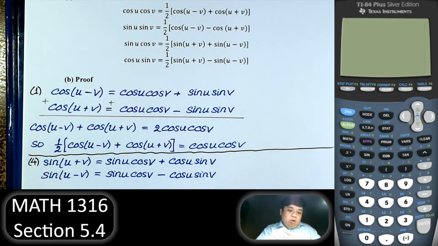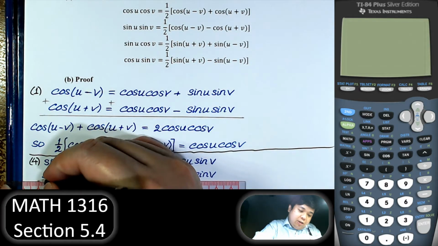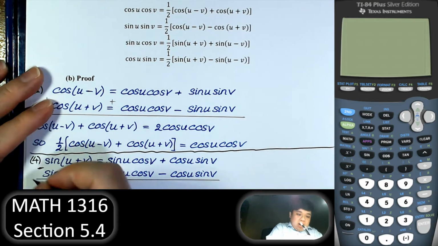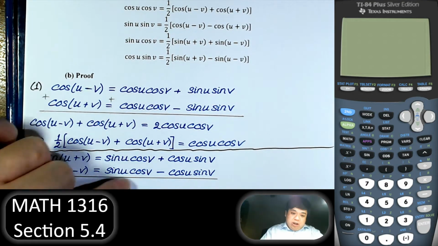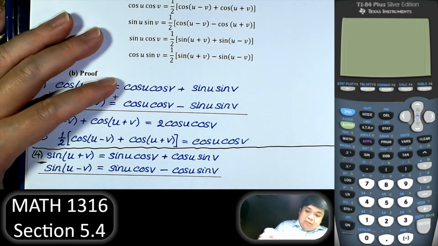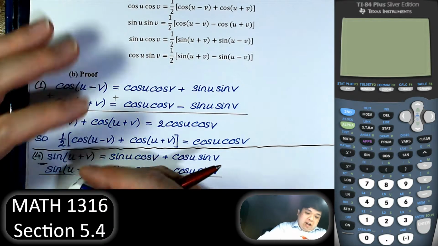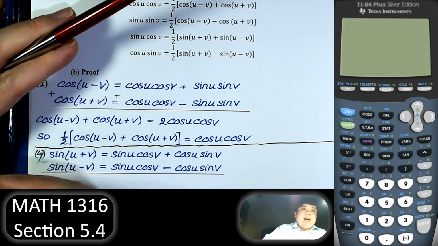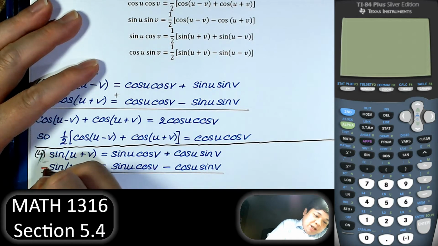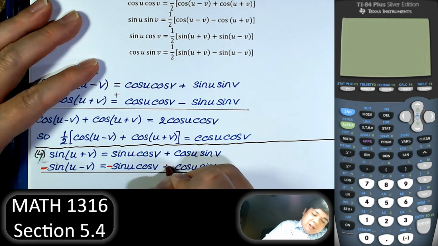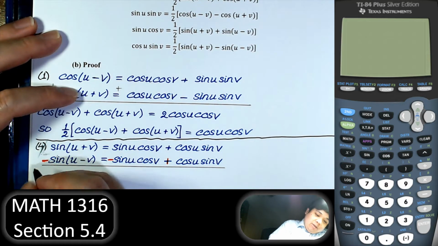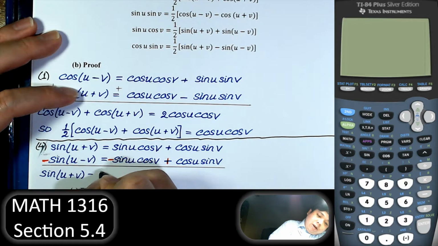So we subtract side by side. When we subtract side by side, we change the sign of everything on the second line, and we just combine them. So on the left hand side we have sine of u plus v minus sine of u minus v.